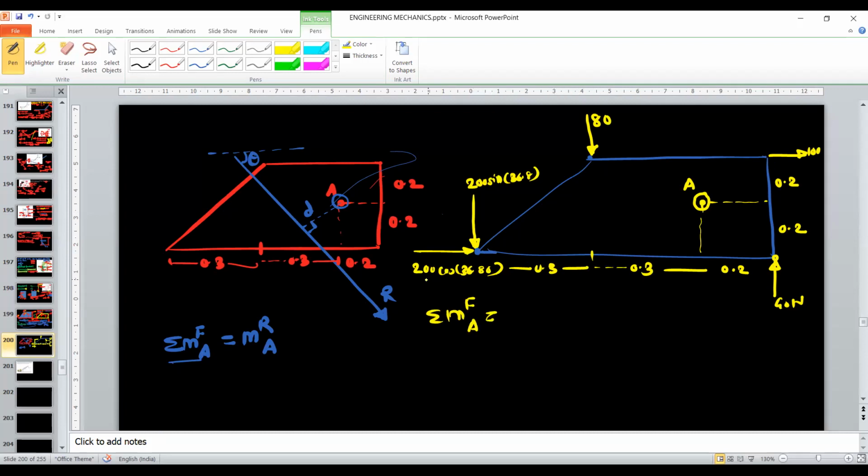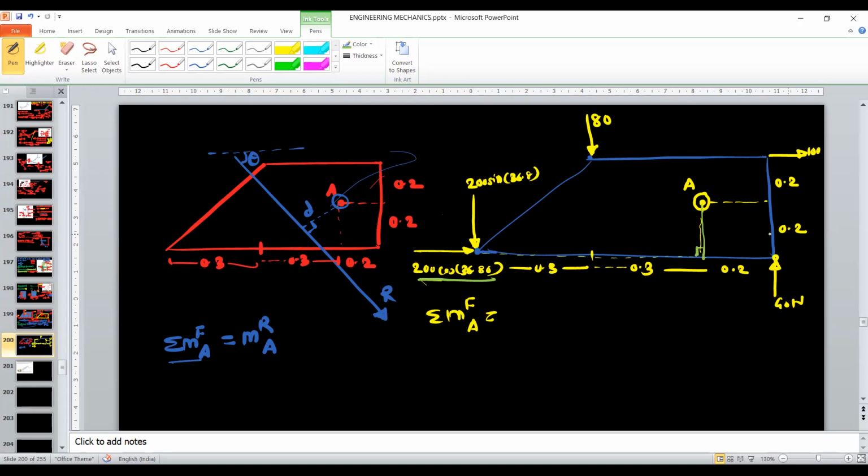So we will start from the X component, this 200 cos 36.86. For 200 cos 36.86, this is the perpendicular distance. If you extend the line of action, then you can draw the perpendicular line on that line of action.